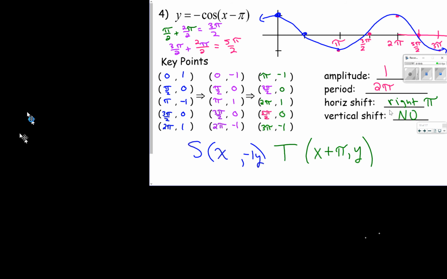All right, my group up front was kind of talking about the scale, and I was like, well, what are you talking about? And they were looking at my graph, and my scale was off. My pi was only half of a hash mark, but I had from pi to 2 pi as being 2 hash marks. So I had to erase and redraw my picture here.